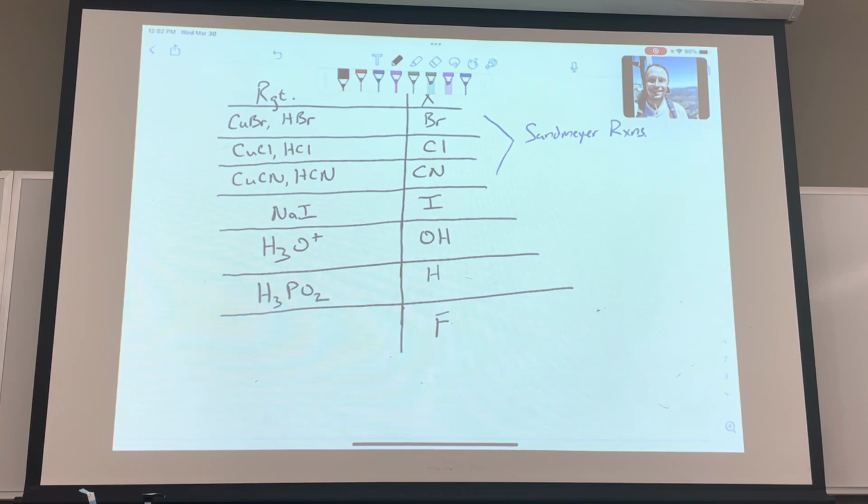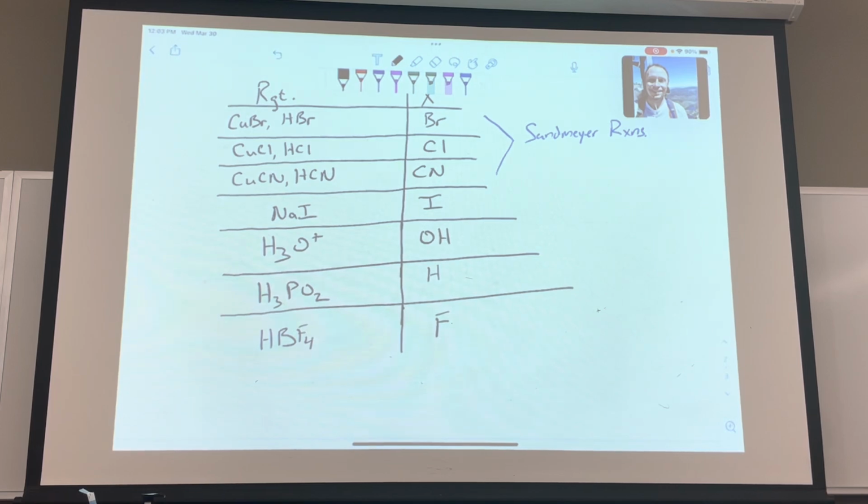The way we do this is using another kind of strange acid, which is called fluoroboric acid. You do have to be a little bit careful, because when you do this, you end up precipitating a diazonium fluoroborate salt that you typically have to filter off, and then you have to heat the solid to decompose the fluoroborate salt to generate the fluorinated benzene.